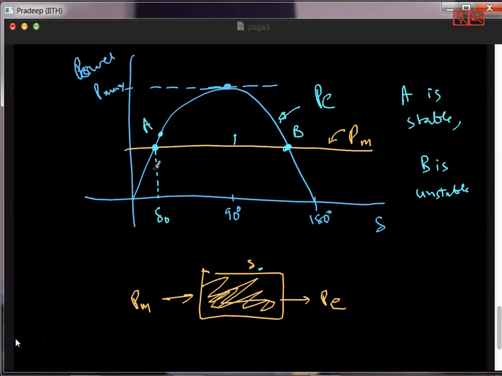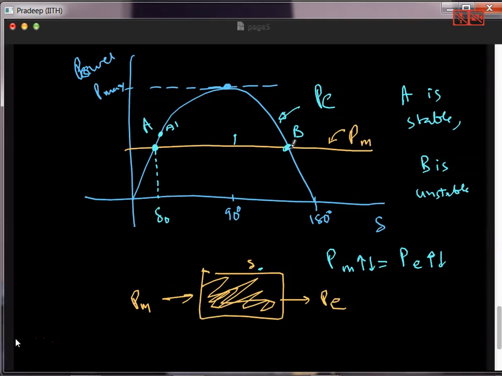Because it's a sine curve, the electrical power is also increasing. So any increase in mechanical power results in an increase in the electrical power, thereby stability is maintained. So I can go to this new point and A dash can be my stable point. Or if the PM comes back to normal value, PE also will come back to normal value. Again I will come back to this and delta naught will be my stable point. So that's why I am saying this point is stable.